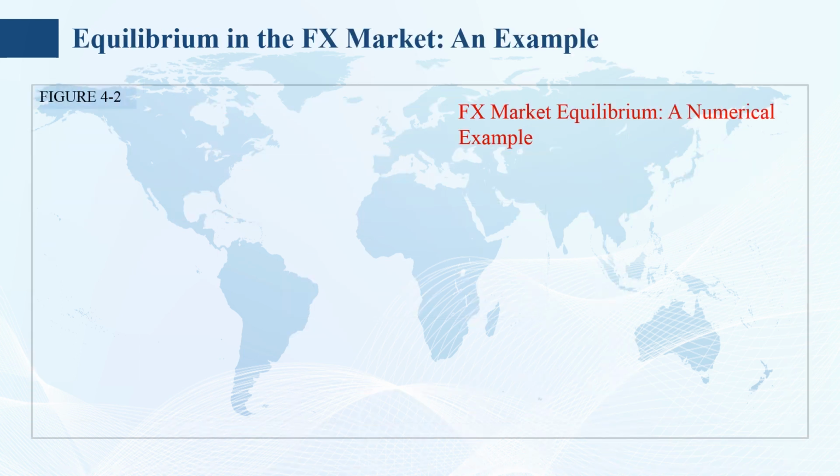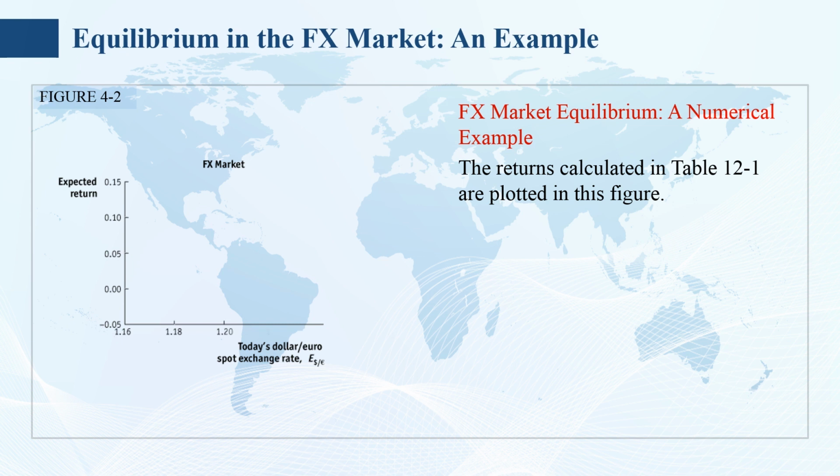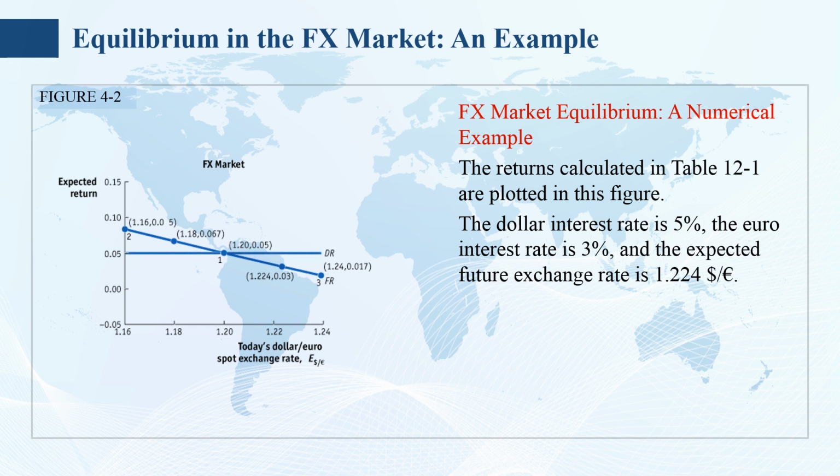Figure 4.2 plots the domestic and foreign returns, columns 1 and 6, against the spot exchange rate, column 3. The domestic dollar return, we call it DR, is 5%. The euro interest rate is 3%, and the expected future exchange rate is $1.224 per euro.